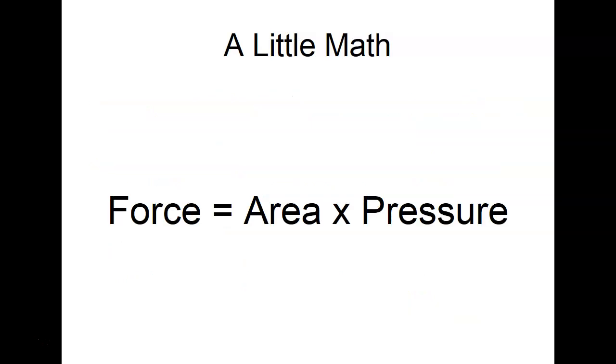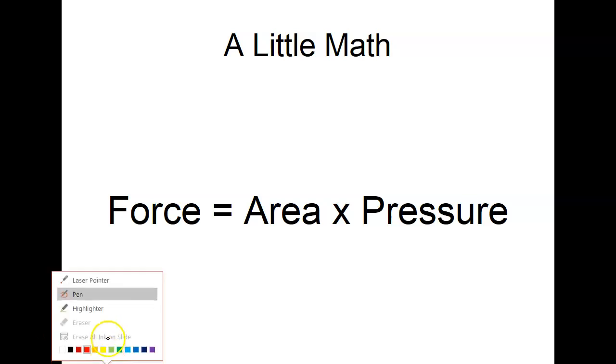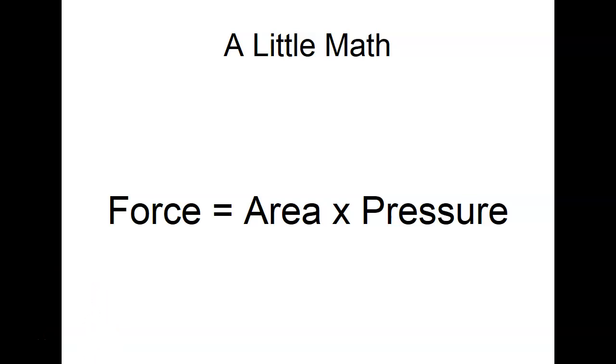So here's a very simple formula. Force is equal to area times pressure. If I can measure the force, what would the formula be to calculate pressure? We can use our little wheel that we learned back in DC. Force is equal to area times pressure, so pressure is equal to force divided by area.